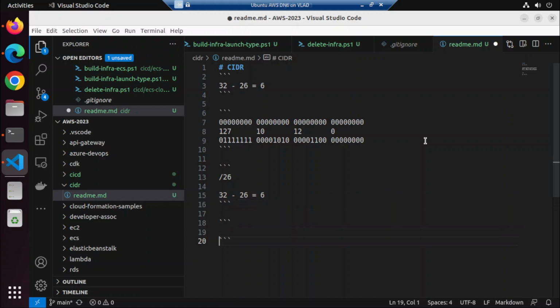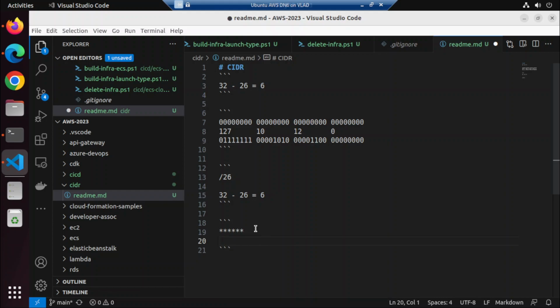And this is 8 bits, and we want 1, 2, 3, 4, 5, 6. Okay, so how many combinations is this?